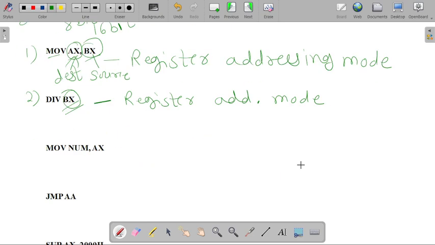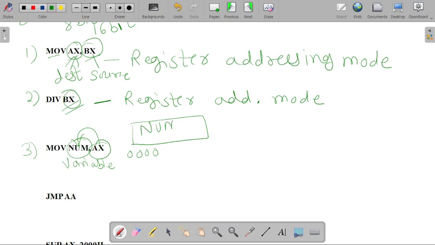Now in the third example, the instruction is MOV NUM, AX. NUM is a variable, and the contents of the AX register will be copied into the NUM variable. Here we are specifying the memory location for the NUM variable, and suppose the contents of AX are 1000H.